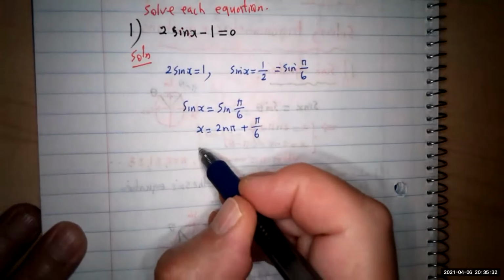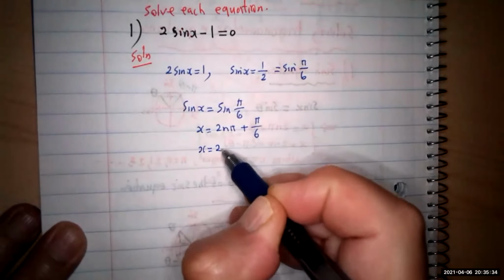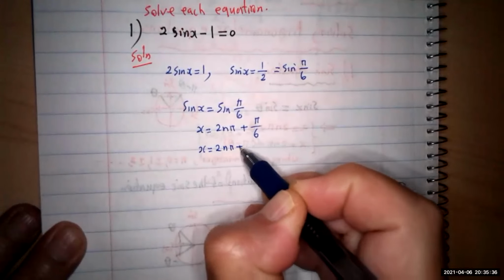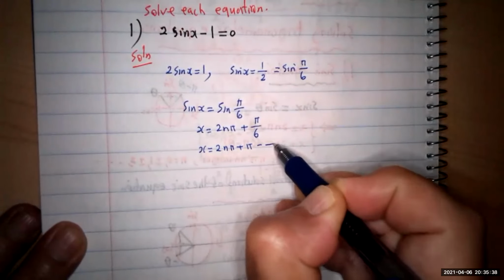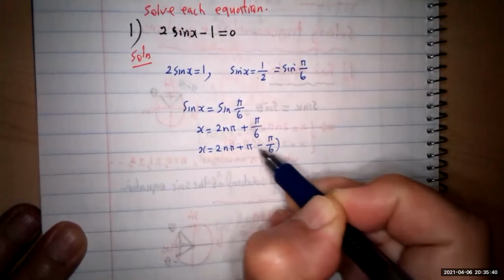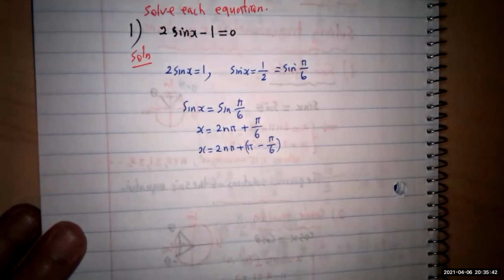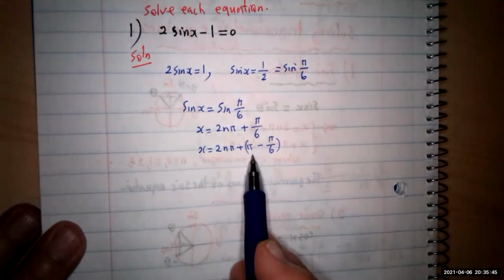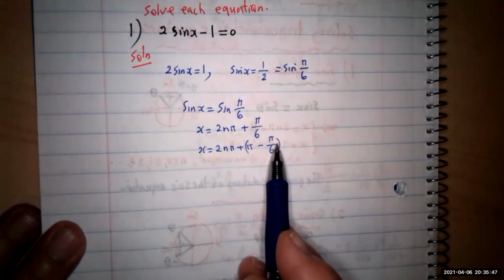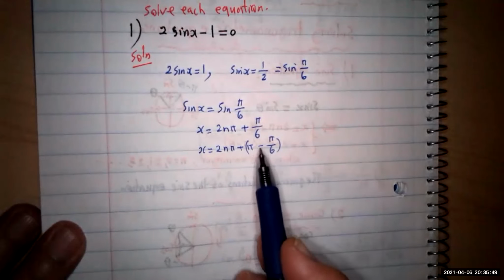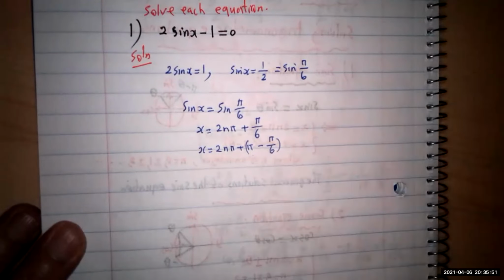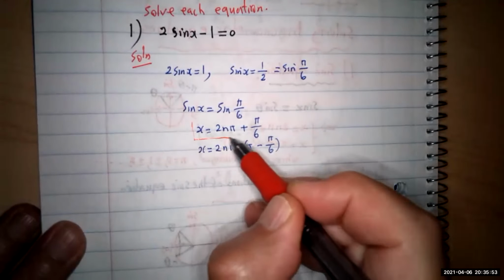The other one was x equal to 2n pi plus pi minus pi over 6, which is going to be 5 pi over 6. It's 150 degrees. So, this is going to be one group of the solution.